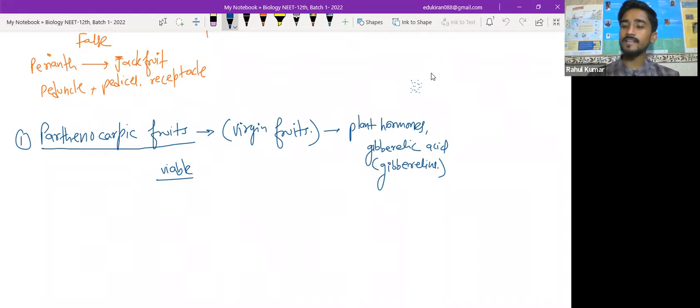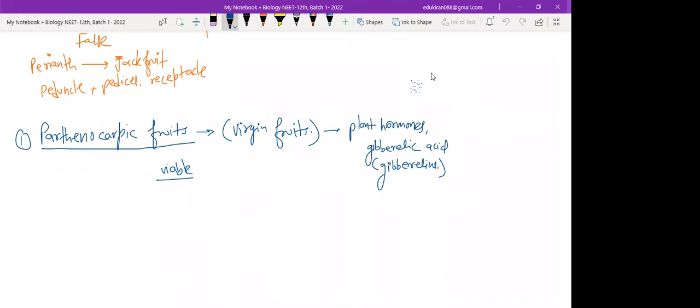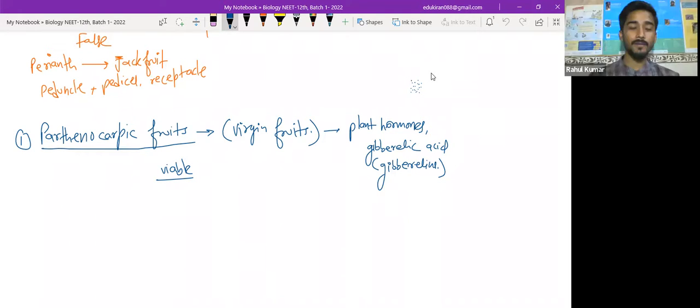Yes, sir. Anyone has had a seedless watermelon? I don't know if it's available in the places where you live. No, sir. Yes, but watermelon can be developed through parthenocarpy. It's not very common because normally it does not take much to grow watermelons, so the farming is easy, and that's why people do not go for parthenocarpy. And of course, if they are seedless, their prices will be high.